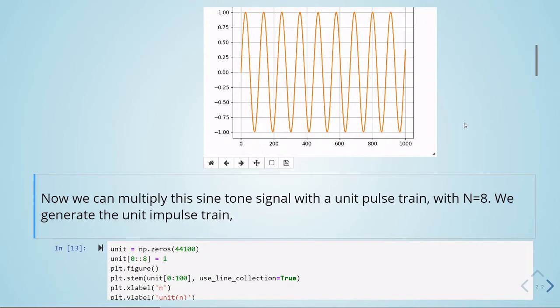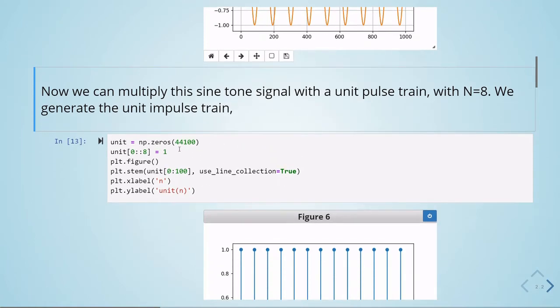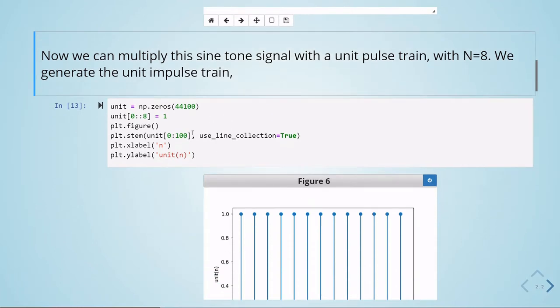Now what we can do is multiply this sine tone signal with a unit pulse train. In this case we are going to use a factor of n equals 8. So here we are generating the unit pulse train. First I'm defining an array full of zeros, and then I'm inserting a 1 at every n equals 8, so the multiples of 8.